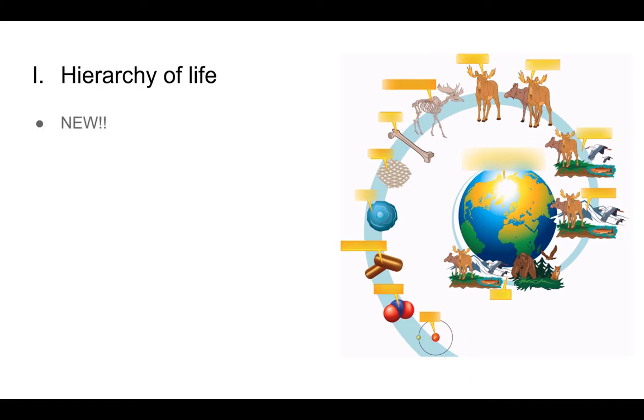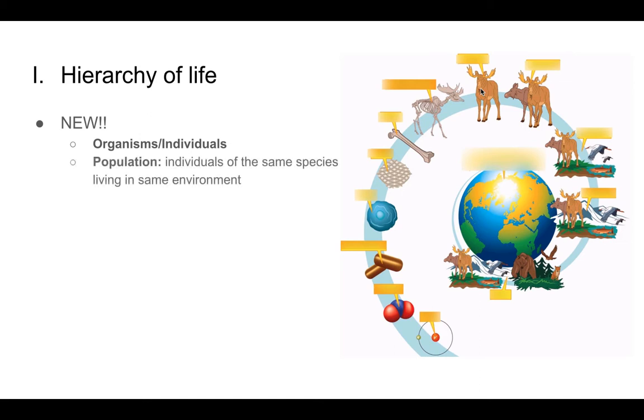So what is new on this diagram, which is what you will label and what you will describe: the organismal level of life, or the individual level of life. A collection of organ systems creates an organism, and then a collection of organisms or individuals gives us a population. And so population is labeled on the diagram, but also needs to be defined.